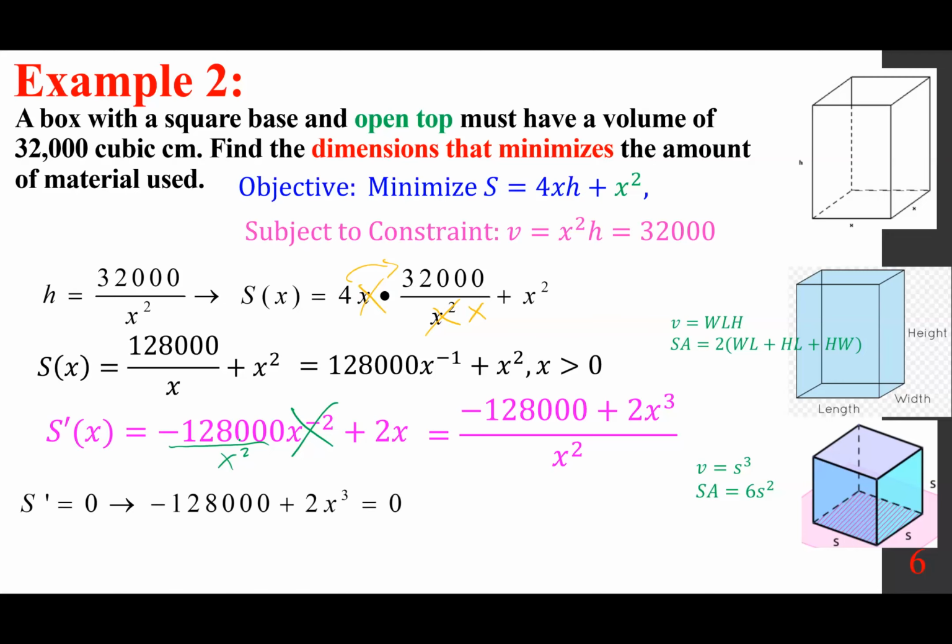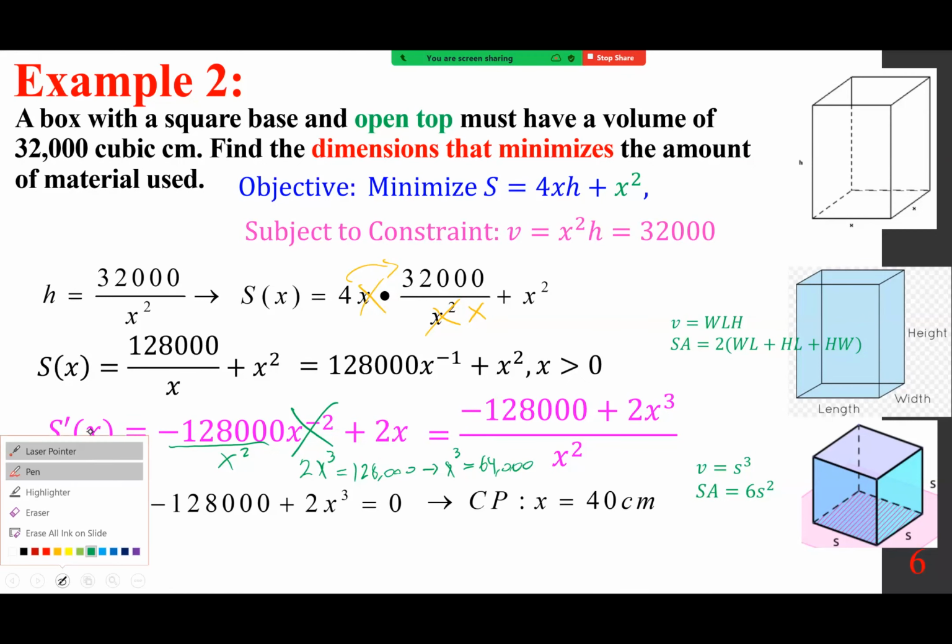And this one we can easily solve, because 2x cubed is 128k. X cubed is 64k, and x becomes 40.